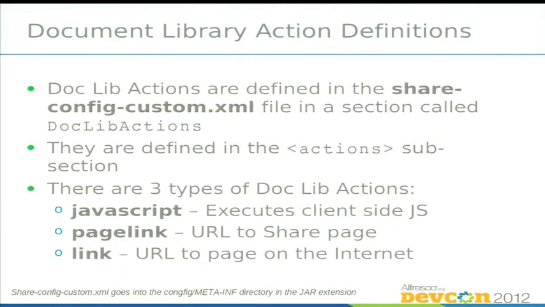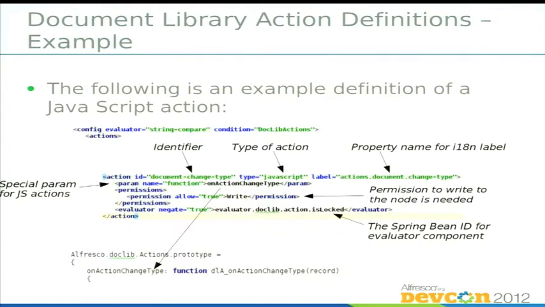So in 3.4, to define a Doc Lib action, this wasn't available. So it's been massively improved how you can define new Doc Lib actions. So it's much better in 4. If you look at my blogs, you will see the difference. I pointed it out everywhere.